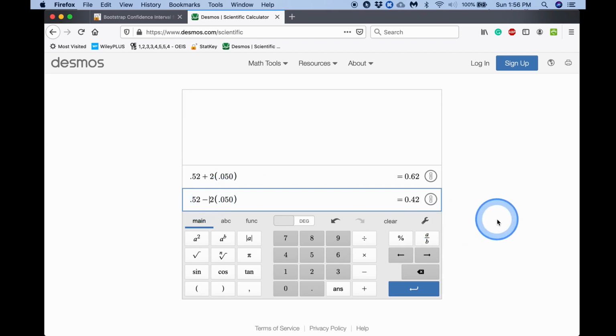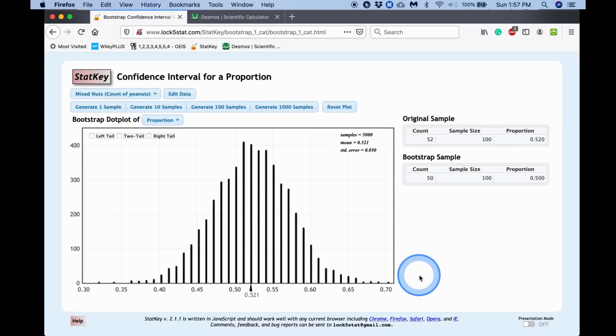And so our 95% confidence interval is going to extend from 0.42 up to 0.62. So we have 95% confidence that the interval from 0.42 to 0.62 contains or covers the true proportion of peanuts in mixed nuts.